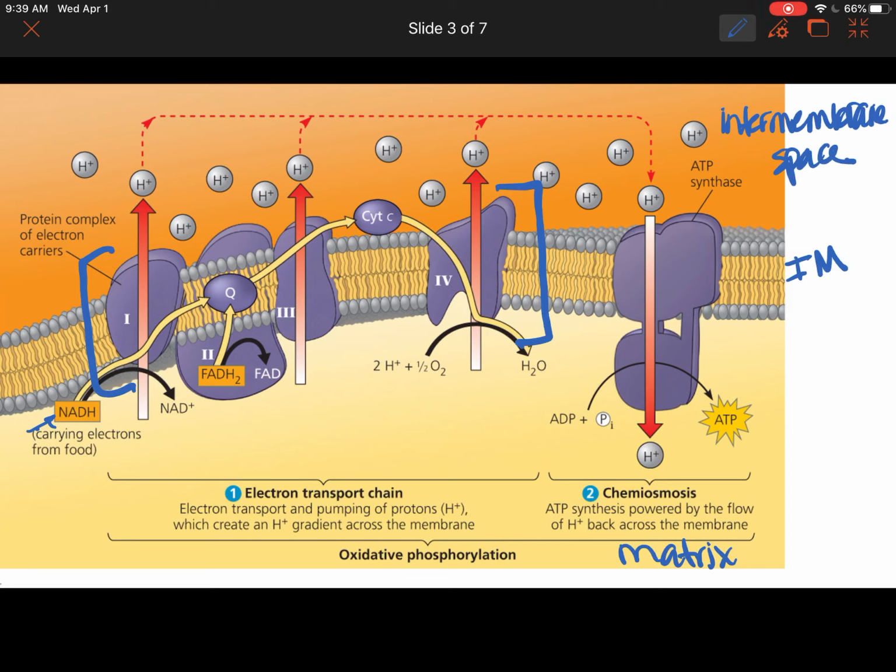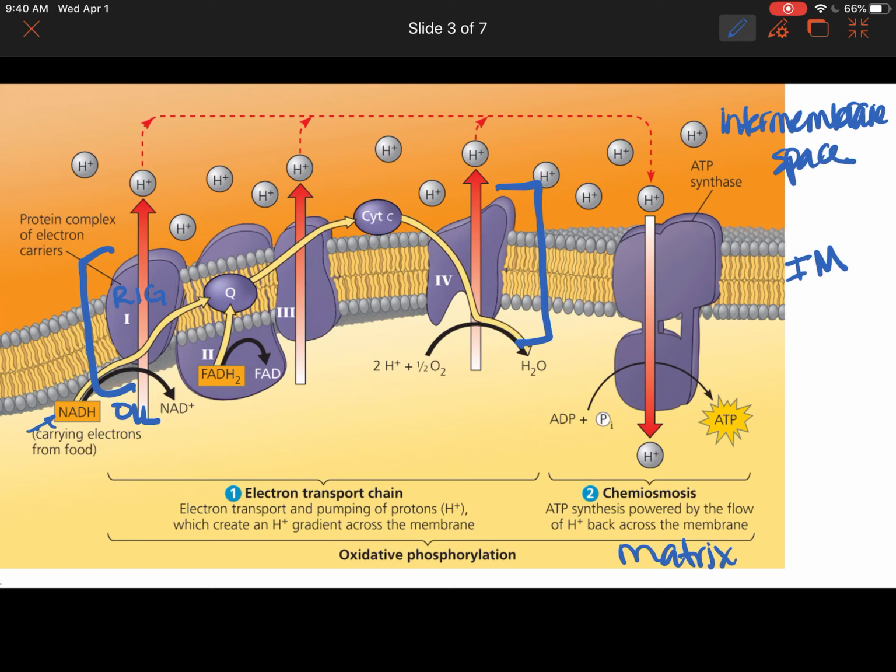Anytime electrons are transferred, you're going to have a redox pair. Okay, so if NADH is giving away its electrons, it's losing them. So NADH is oxidized back to NAD+. Complex 1 is reduced because it gains those electrons.